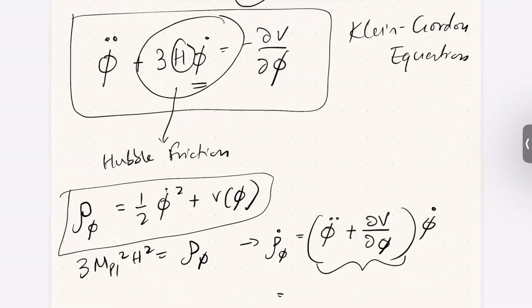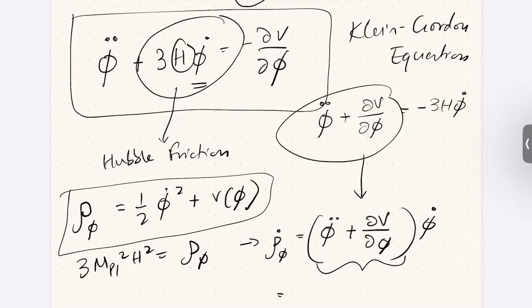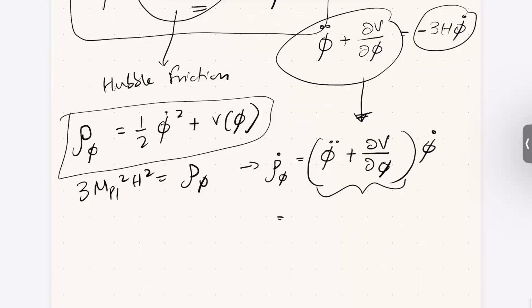Just rearrange this. So basically I would have this, which is essentially the same thing as this term over here. So I can substitute this part with minus 3H phi dot. And there's another phi dot over here, so this becomes the following.